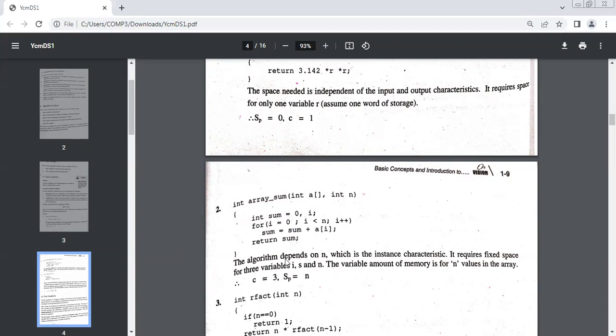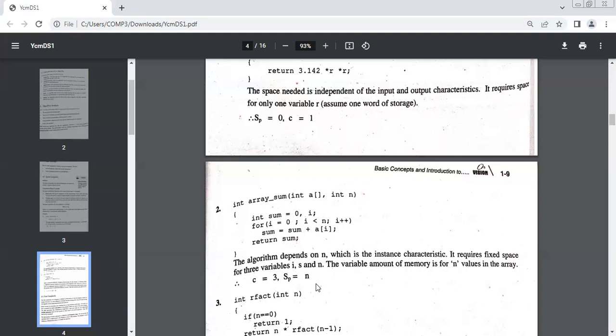Okay, so in this example the algorithm depends on n. What is meant by n? n is the number of elements in this particular array. If we require fixed space for three variables i, s and n, then the variable amount of memory is for the array of n values. So the constant is 3 and the variable part is n.